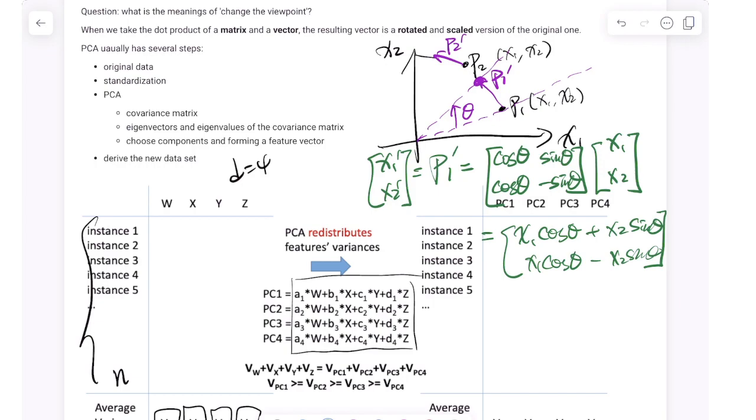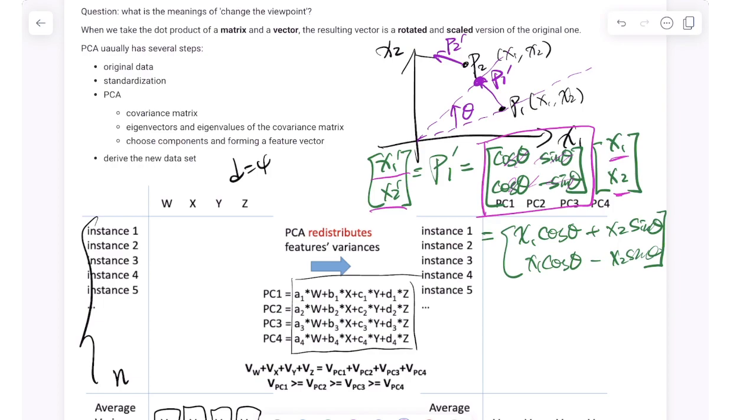It really doesn't matter which values we write here, because mathematics just tells us how to map the data from x1, x2 to x1 prime, x2 prime. As you can see, we have a coefficient matrix, and we use it with the original coordinate to calculate the new coordinate after we rotate the axis by theta degrees.